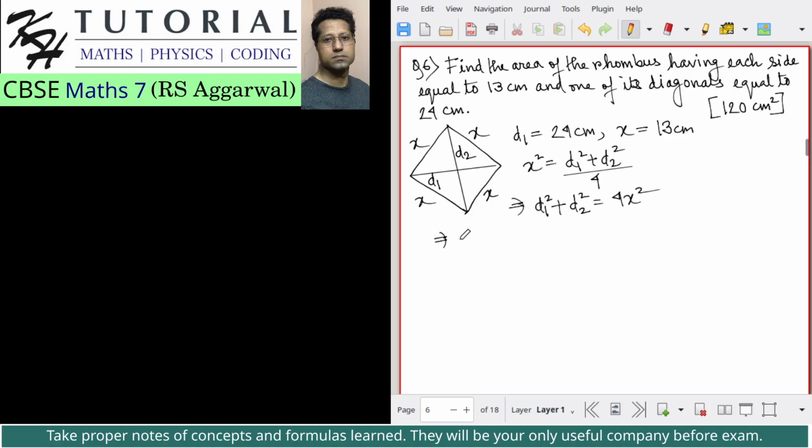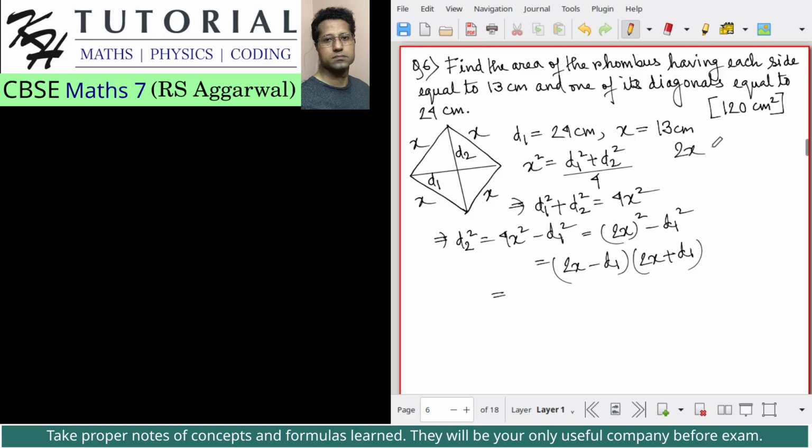So this implies d2 square is equal to 4x square minus d1 square. 4x square can be expressed as 2x square, and we have minus d1 square. Applying the formula of a square minus b square, this will be 2x minus d1 multiplied by 2x plus d1. So what will be 2x? x we know is 13 centimeter, so 2x will be 26 centimeter.